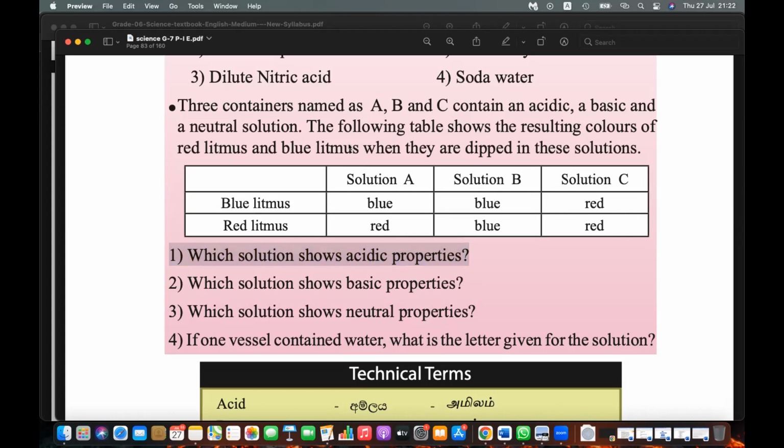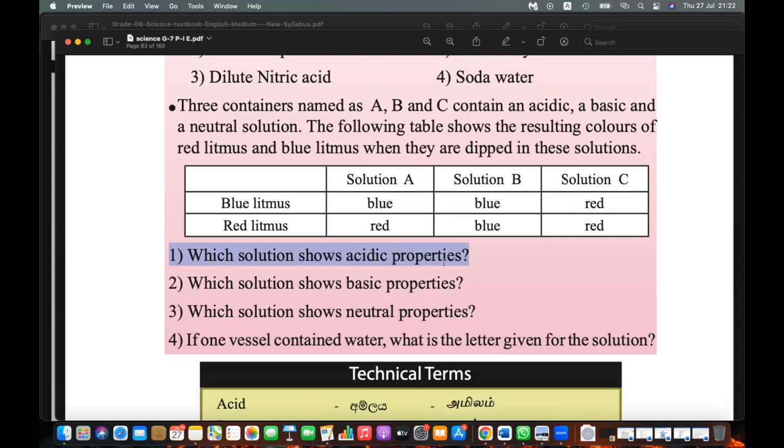Yes, what is your answer? Which solution shows the acidic properties? Is it A, B or C? Solution C. Solution C, yes.